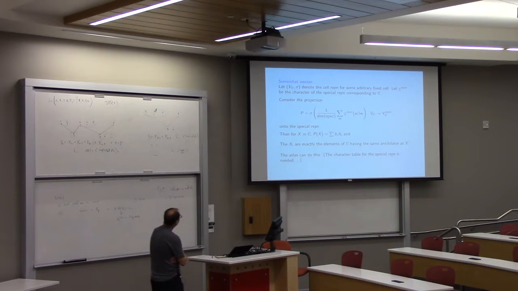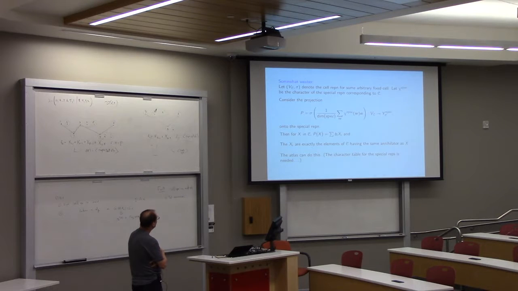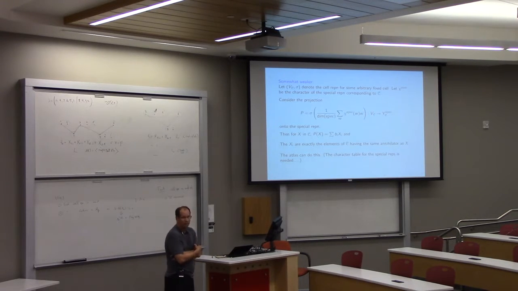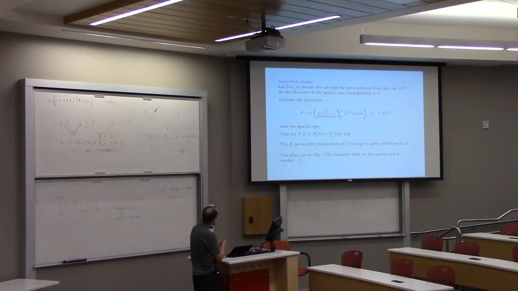Okay, and a somewhat weaker thing that I think the Atlas can do right now is to take an arbitrary cell that contains a special representation, let that be the character. Then this is the projection, from the cell representation to the special component.